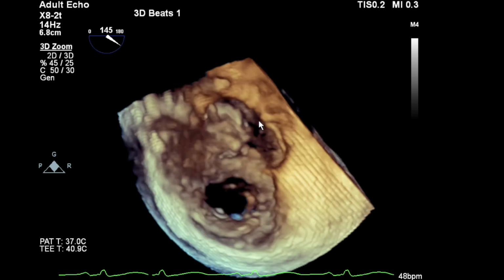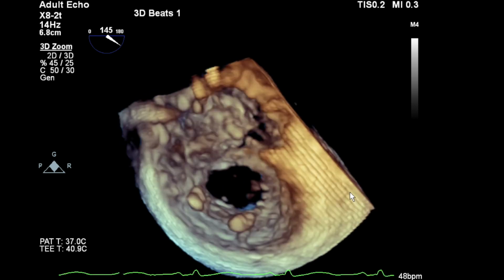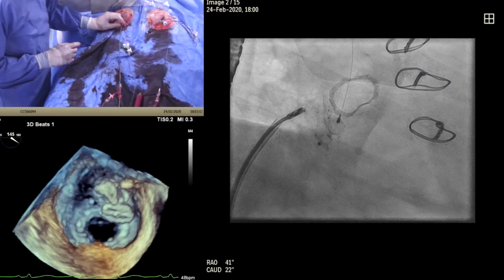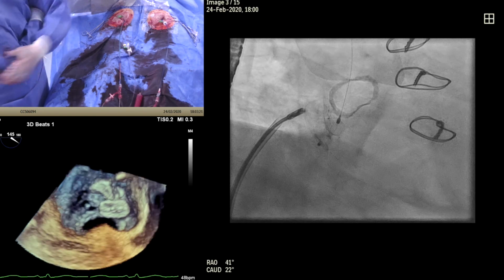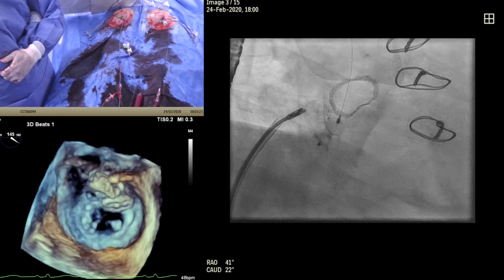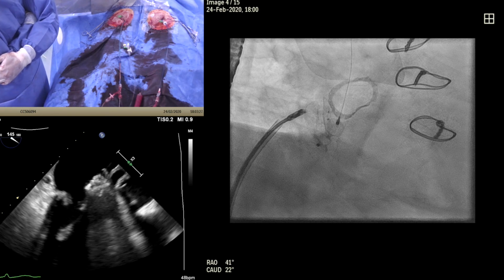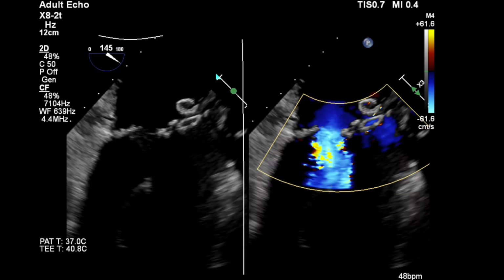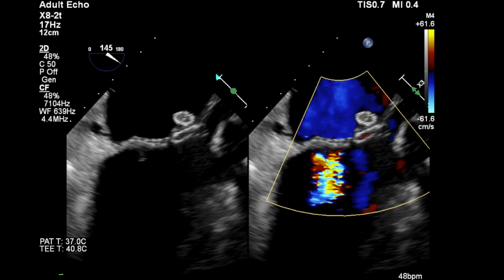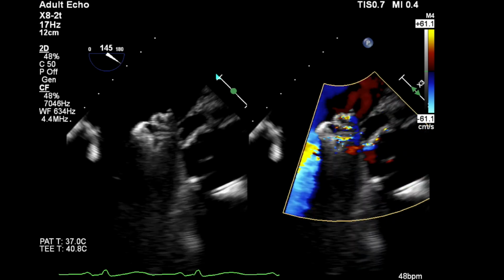Okay, yeah. So let's look on fluoroscopy, and I think on fluoroscopy that does look as though you're exactly right, that the two devices are interlocking and moving. So before we release, can you go and show us that pseudoaneurysm in the LVOT and see what that looks like now? Yep, so there it is there in this view. And what I noticed actually was that you had a lot of turbulent flow before, and that flow has significantly subsided.